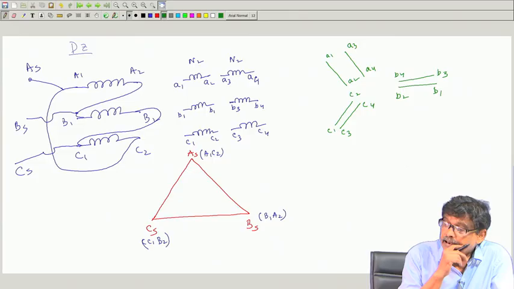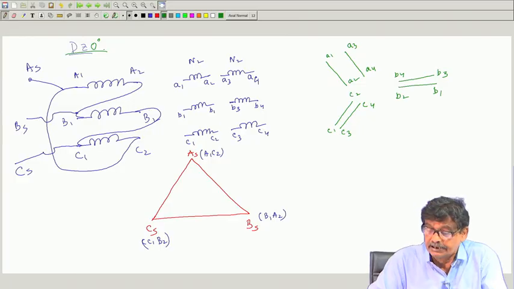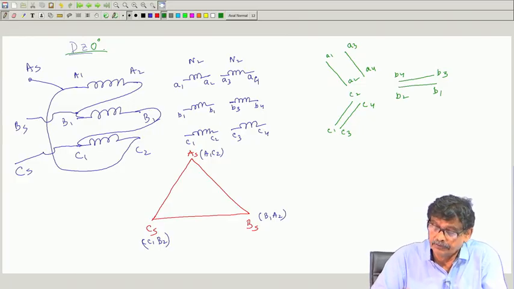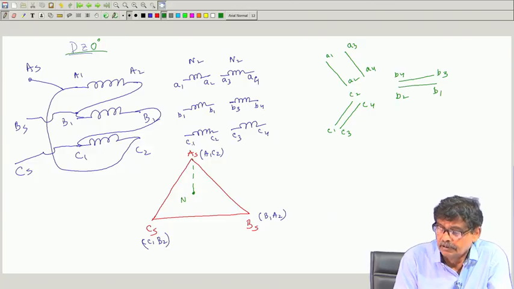In this case, you will find Dz0 or Dz180 is possible. How is it possible? Because with respect to the neutral on the primary side, this is the artificial neutral.